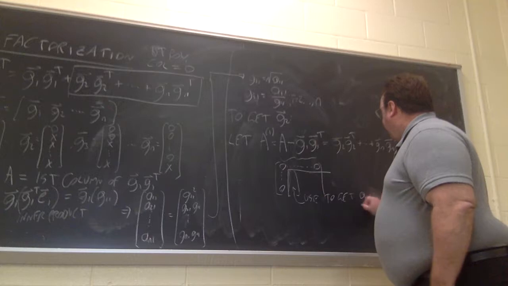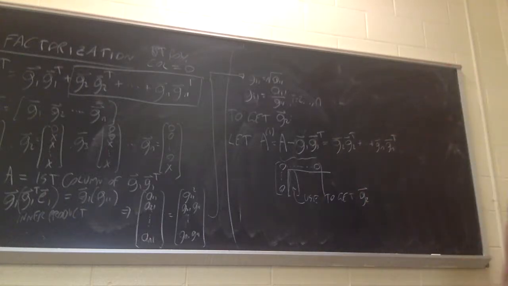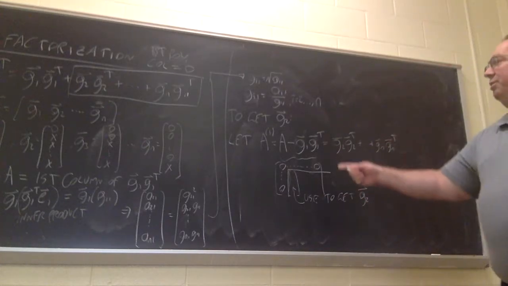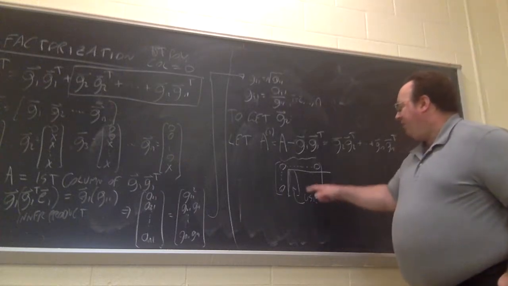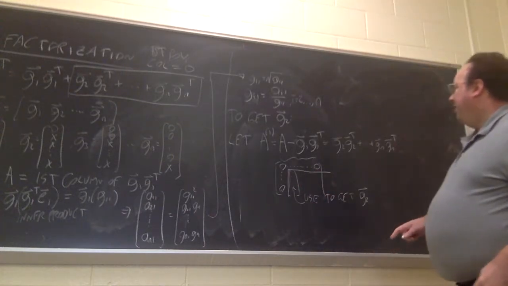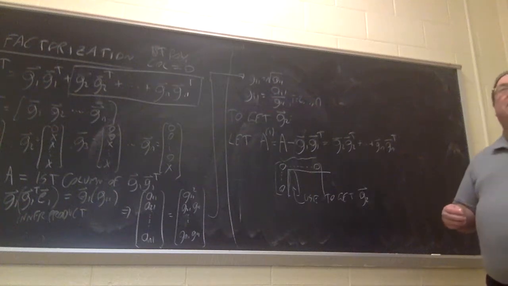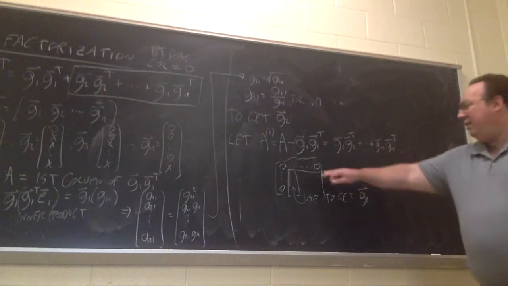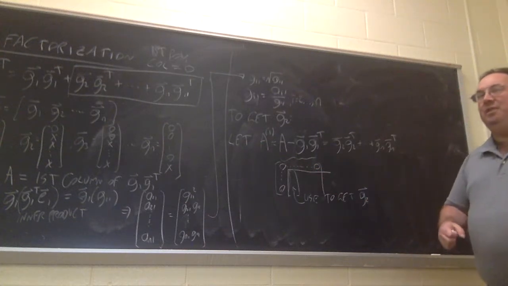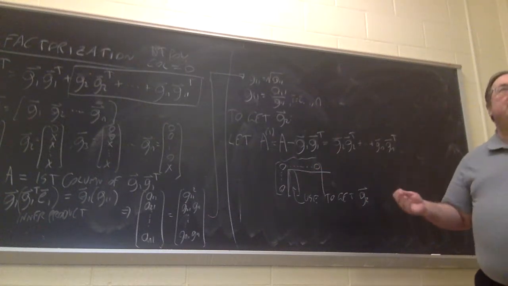And I can use that to get G2 in the same way I just showed with G1. So we keep whittling down the matrix. So after I work on this, I'll subtract the non-zero part of G2 transpose off of that, and just keep going from left to right until I'm down to a 1-by-1 matrix, and then I'm finished.